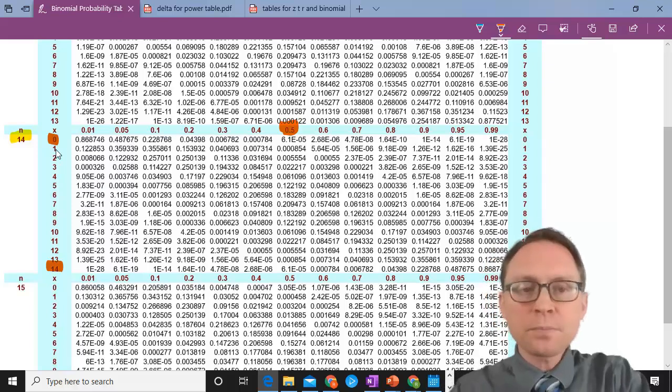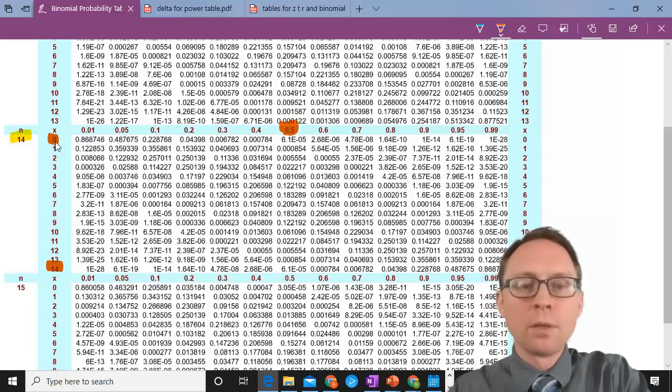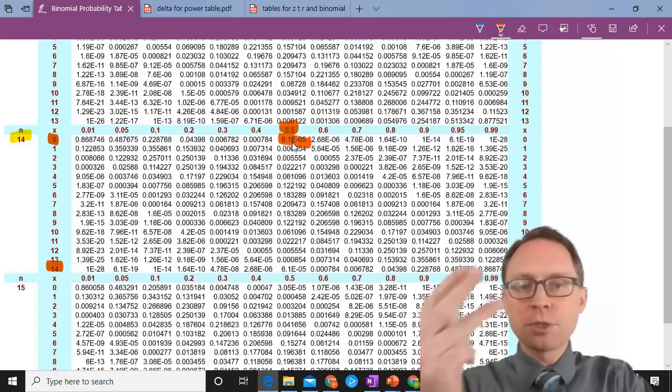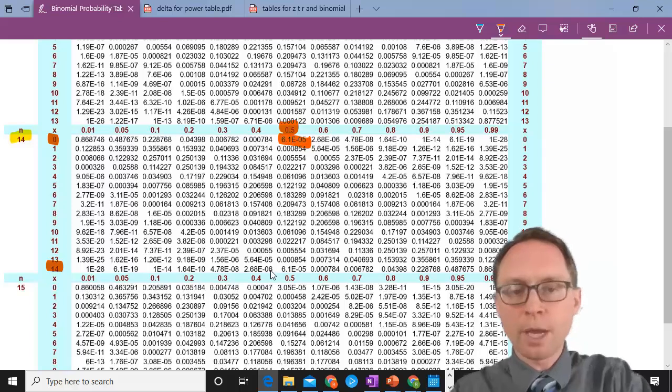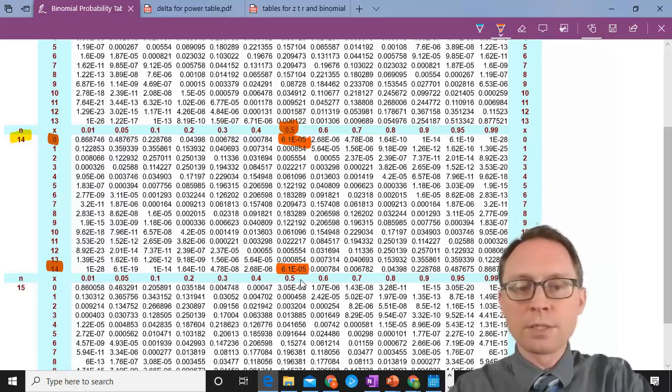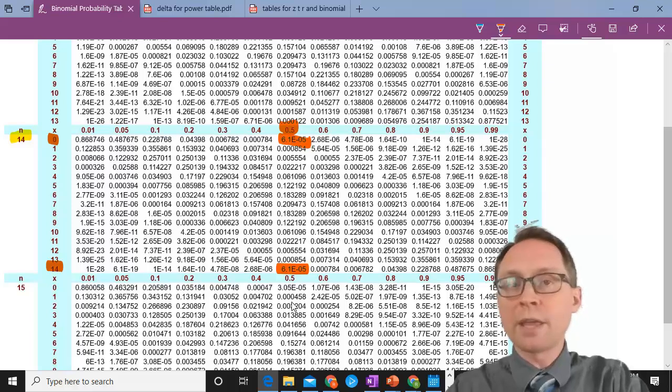So if 0 people out of 14 volunteer, the probability of that happening is 0.00006, plus 0.00006. When you add that together, you get 0.0012.